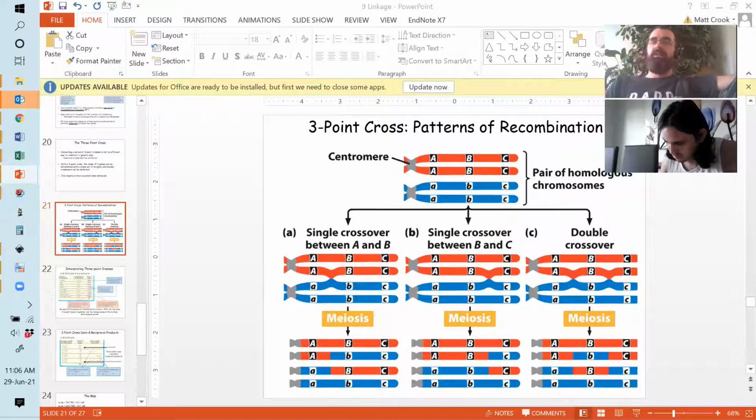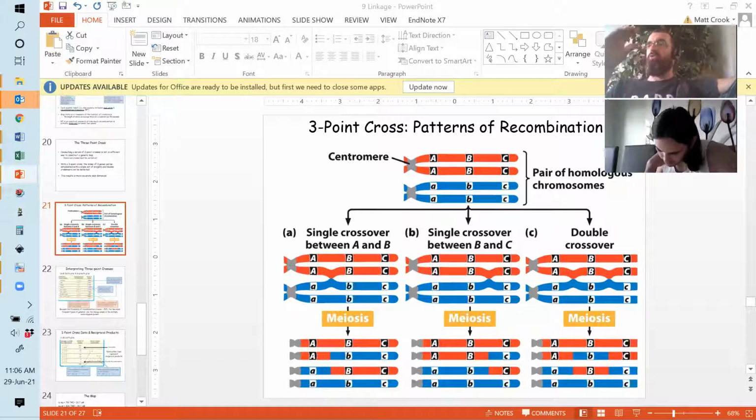Good. So you found those. So you group those 8 different phenotypes into the 4 groups: parentals, single crossovers for one gene pair, single crossovers for another gene pair, and double crossovers. Cool. So you got that information. What do you do next?